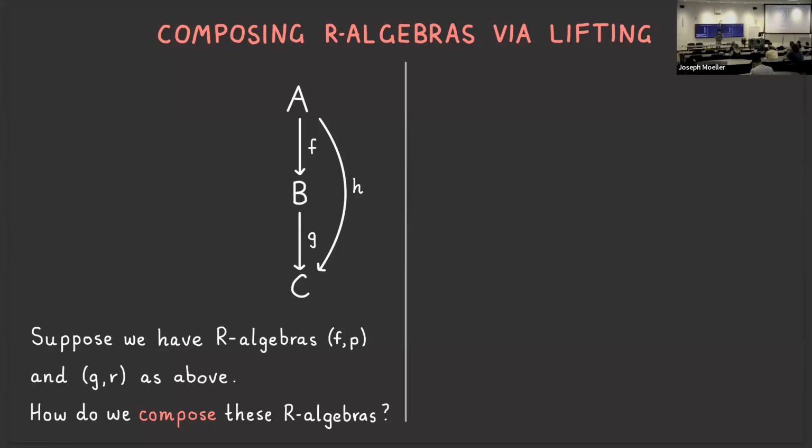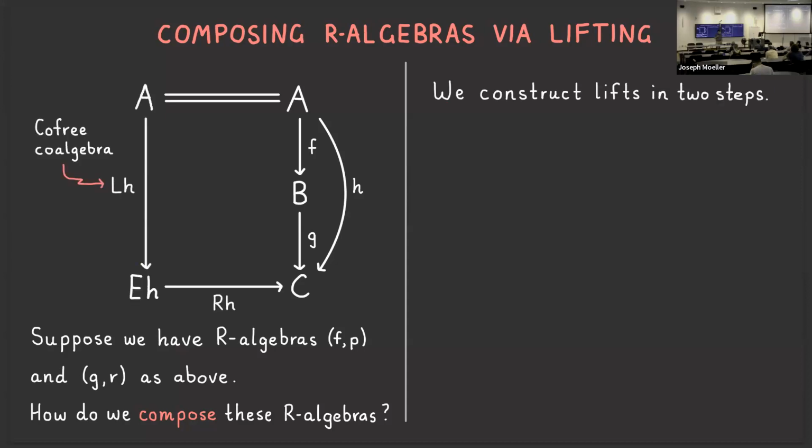And so how we do that is using the lifting operation that I just had on the previous slide. The first thing we can do is factorise H into an L of H and an R of H, using our functorial factorisation. But now L of H has a co-free coalgebra structure. So we can look at this square and apply our lifting operation of the algebraic weak factorisation system in two steps.